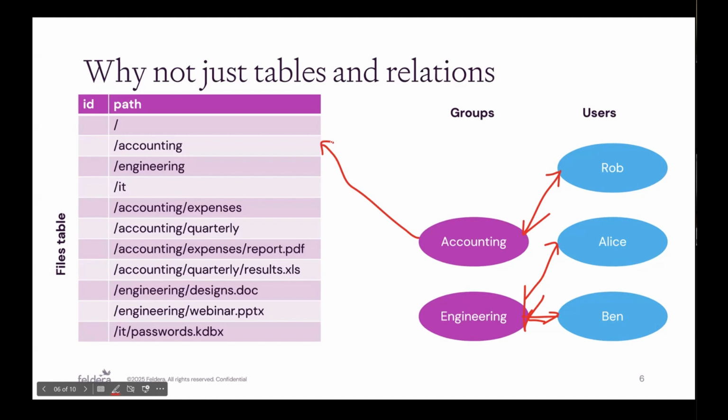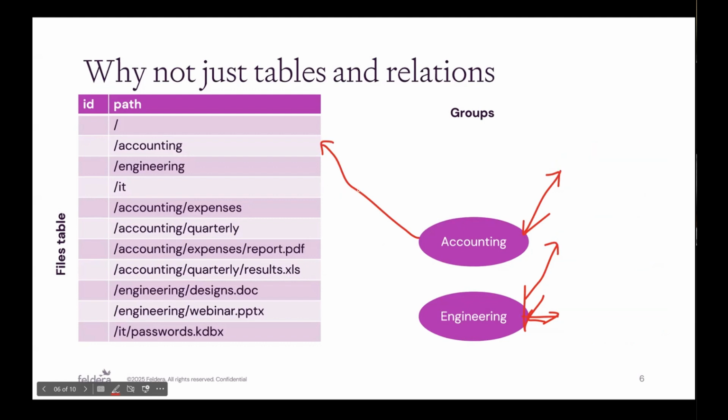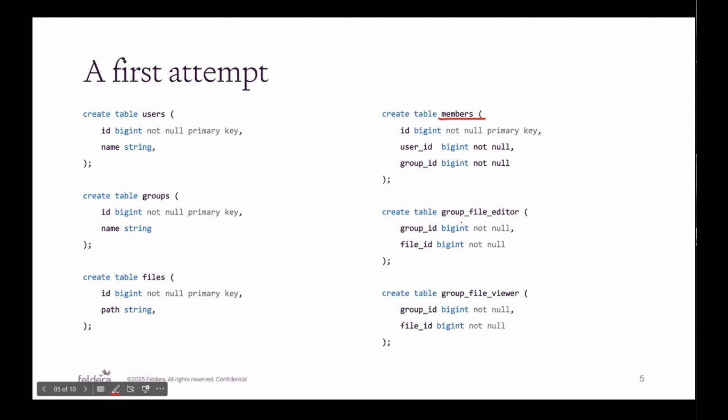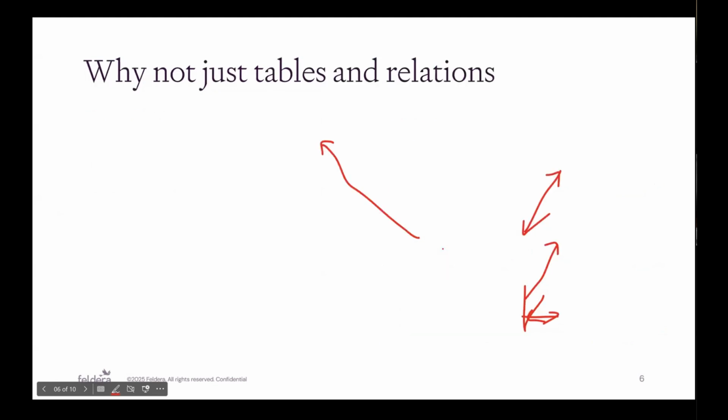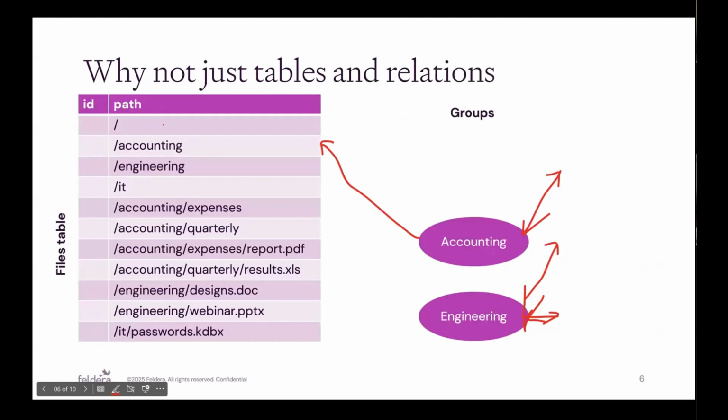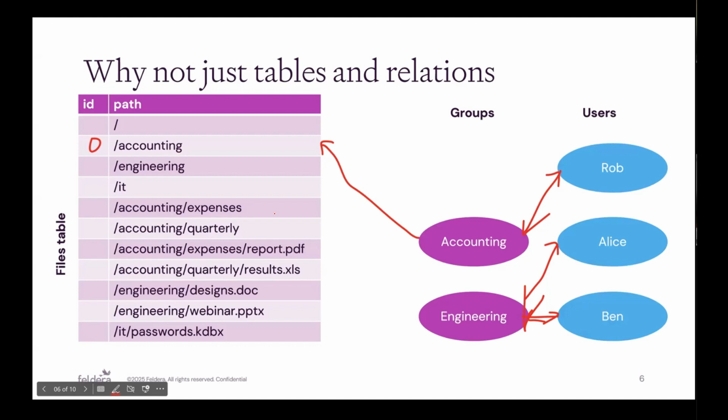The read is essentially analogous to write permissions. And so in order to make this relationship work, we would enter in the group file editor that the group accounting can access the file that is represented by this /accounting, so this ID here that we haven't specified. Right, so that's pretty basic, right?